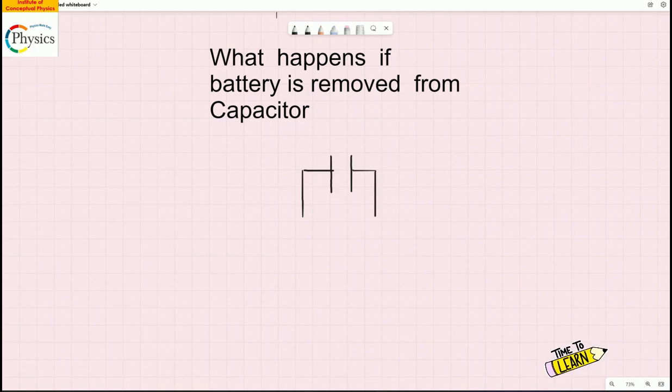We know it stops charging, but what happens to the accumulated charges here? So whatever charges are already stored here, what happens to those charges? So the answer is, if you remove the battery, the charge stays on the capacitor.